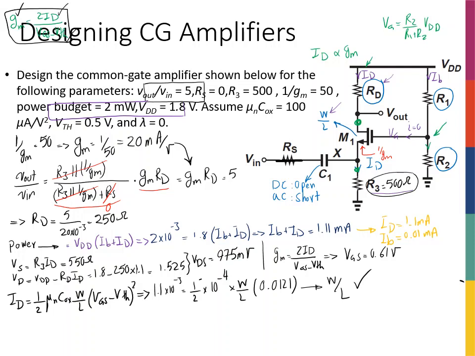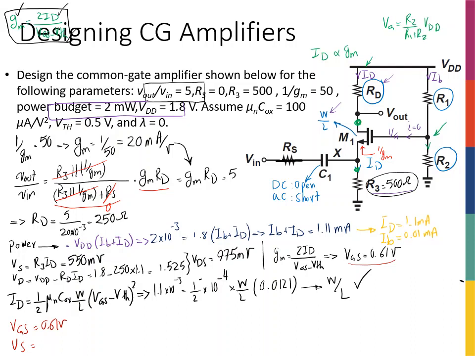Now, knowing that VGS is 0.61 volts, and I know that the V source I calculated up here, I calculated as 550, sorry, that should be 550 millivolts.